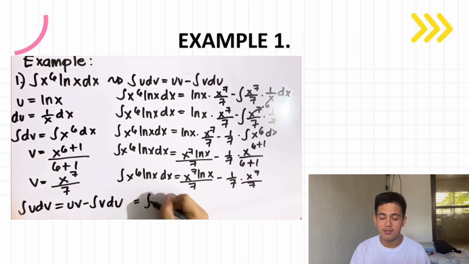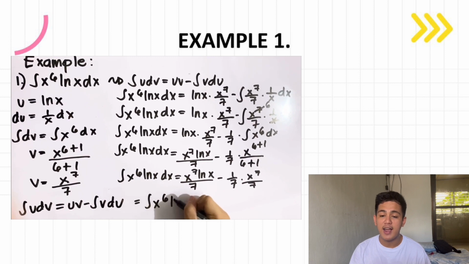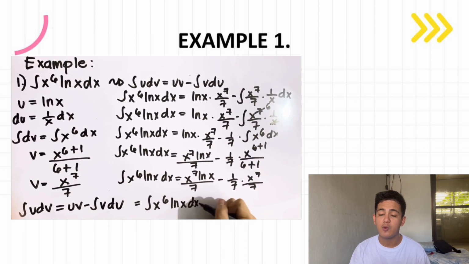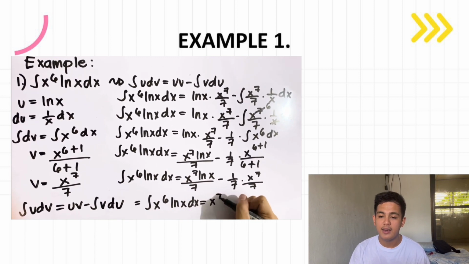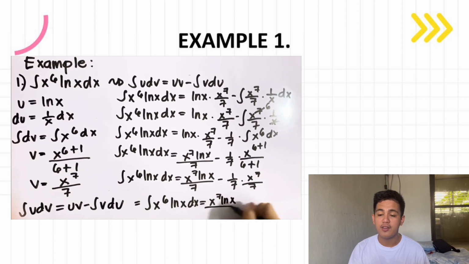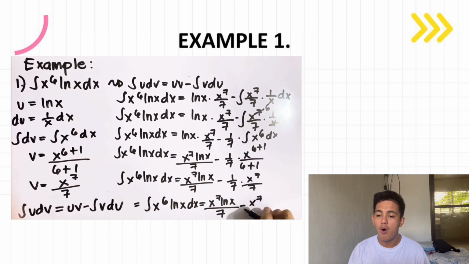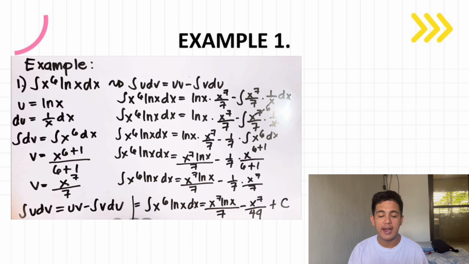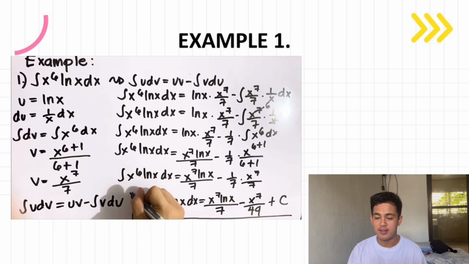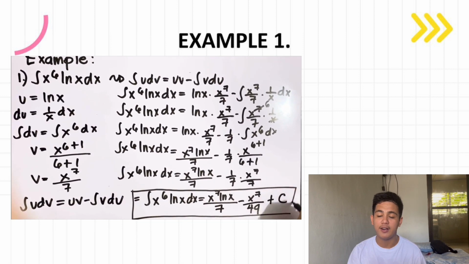Now, to the final answer. Integral of x^6 ln x dx is equal to x^7 ln x over 7 minus x^7 over 49 plus c. Now, we should not forget the c for the constant. That's our final answer.